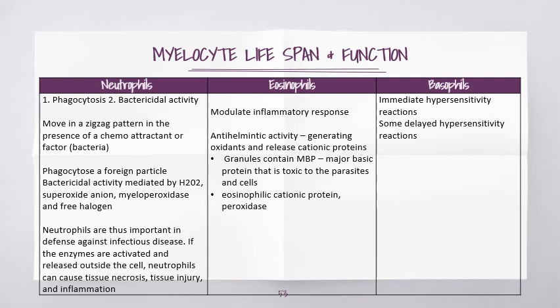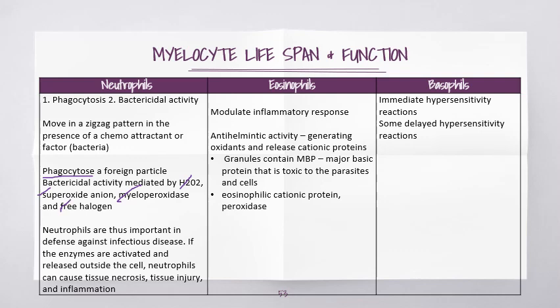So when you have bacterial infection, they go to the site of infection and eat the bacteria if they can. Okay, so they phagocytose foreign particles. They have a bactericidal activity mediated by your hydrogen peroxide, superoxide anion, myeloperoxidase, and the free halogen.